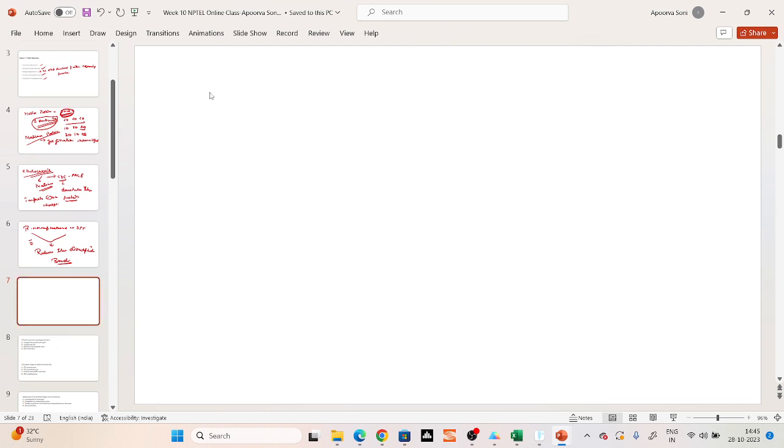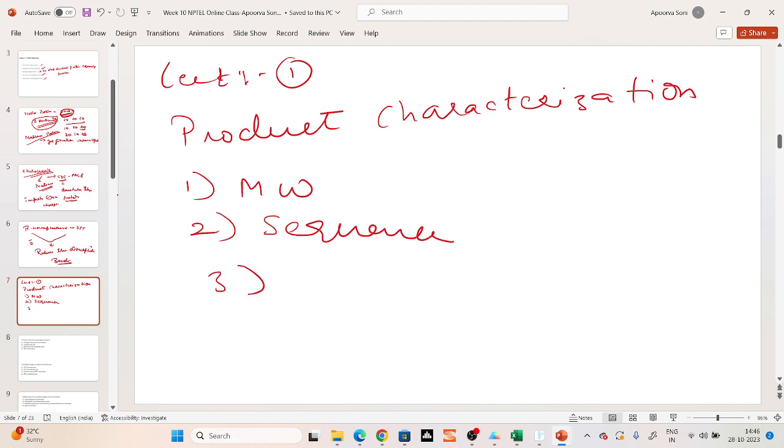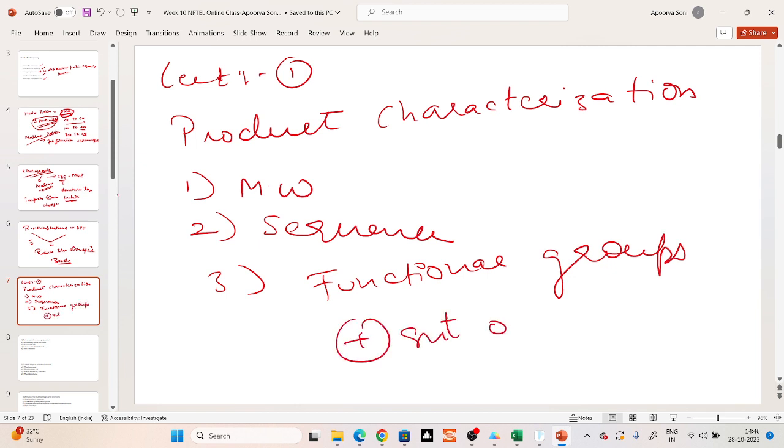So if I'm talking about product characterization, okay, lecture 1 is about product characterization, in which you need to know the molecular weight, you need to know the sequence, and you need to know about the functional groups present on your protein, right?